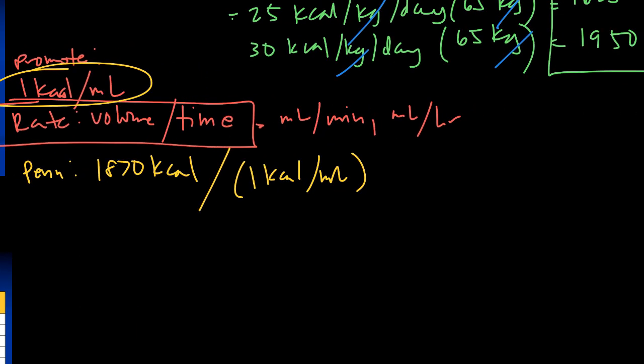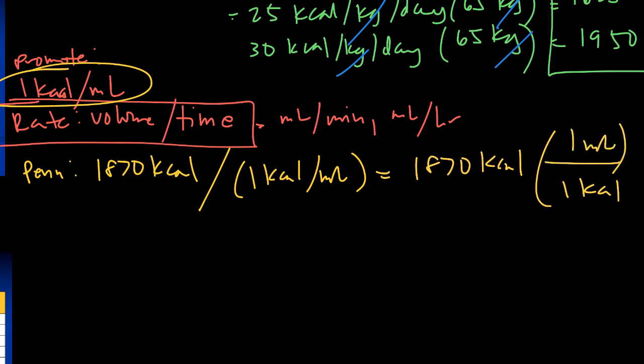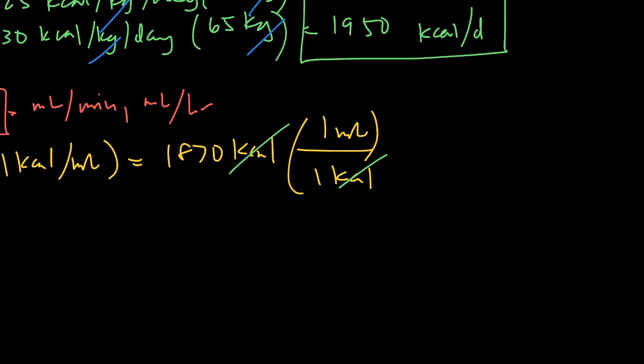And when you divide, you switch the units, so 1870 kcal times 1 milliliter per 1 kcal. So the kcal units cancel out. That gives you 1870 milliliters.